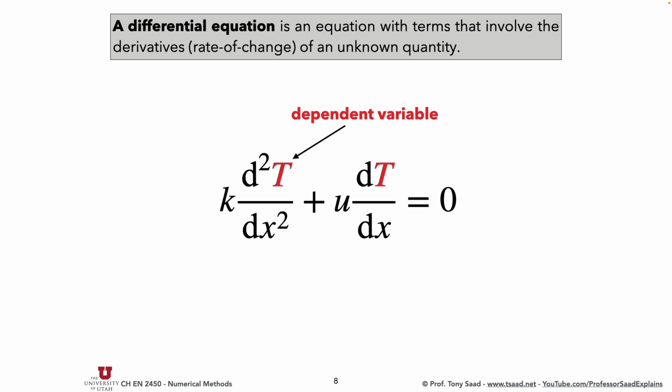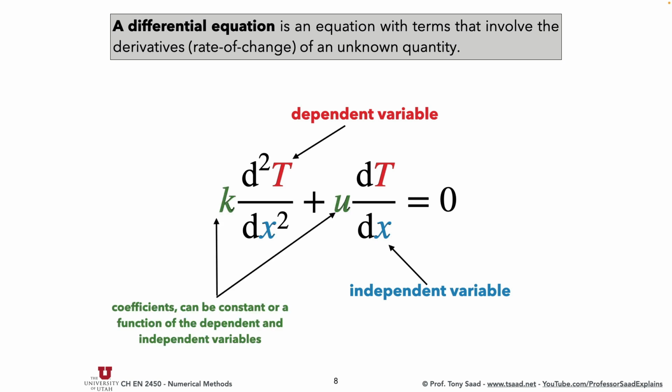Everything that's being differentiated with respect to, in this case x, whether x squared or x cubed, is your independent variable. And these are your coefficients, the parameters of the differential equation. They could be constants, or they could be functions of the dependent or independent variable. So k and u can both be functions of t and x, both or either.